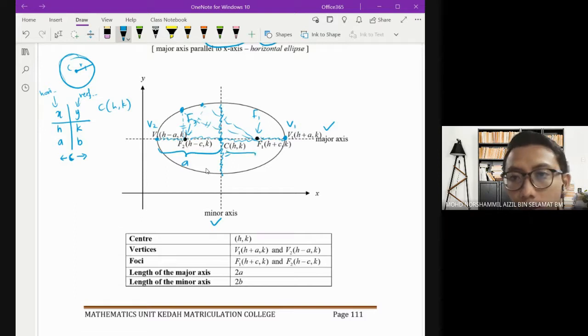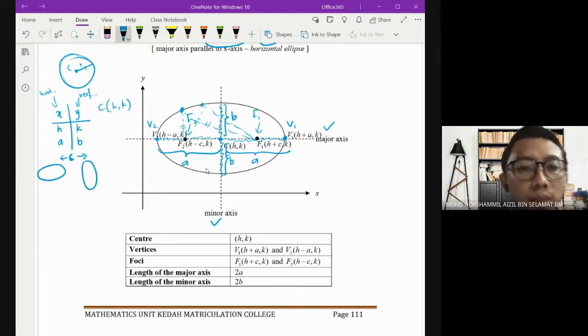The distance A. So this one is B, B vertical. That's why A I put in the horizontal part, B in the vertical part. C ni dia boleh pergi mana-mana, horizontal boleh, vertical boleh, sebab ellipse kita ada 2 jenis guys: sleeping ellipse ataupun standing ellipse.